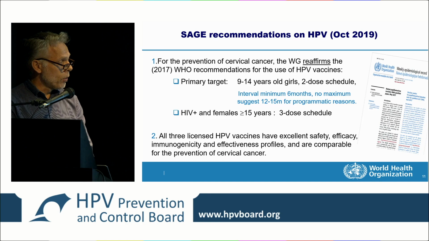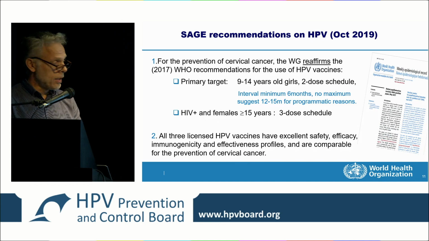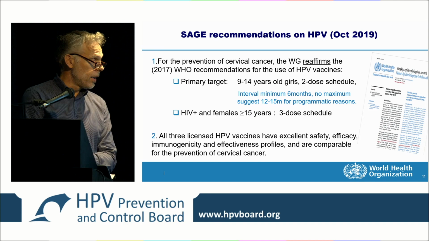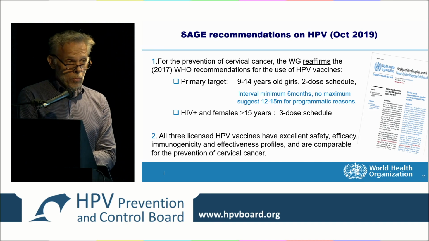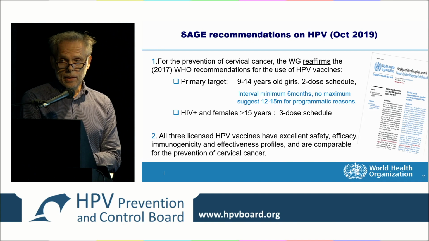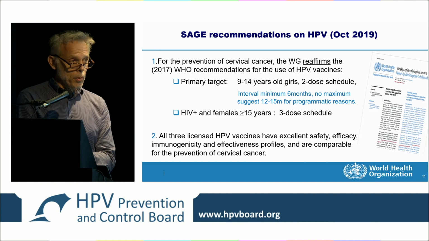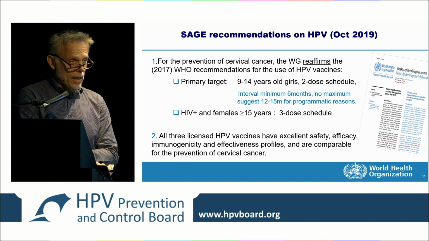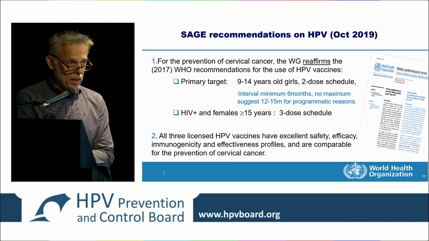No change for older age groups, 15 years and older, or HIV positive, needing a 3-dose schedule. There was also a reiteration of the safety and efficacy of all different products. Why was this done? Because one of the assumptions around supply is that if we use all available products, then we can scrape by and introduce in many countries.